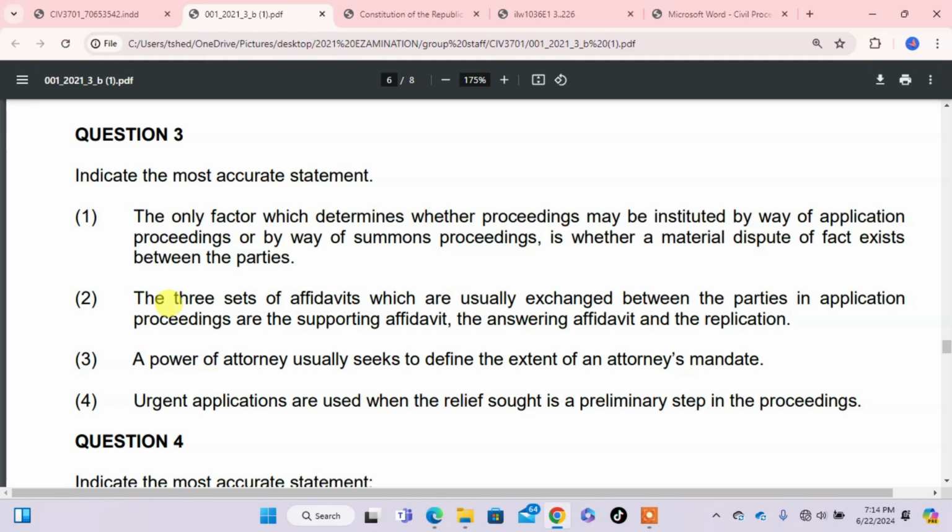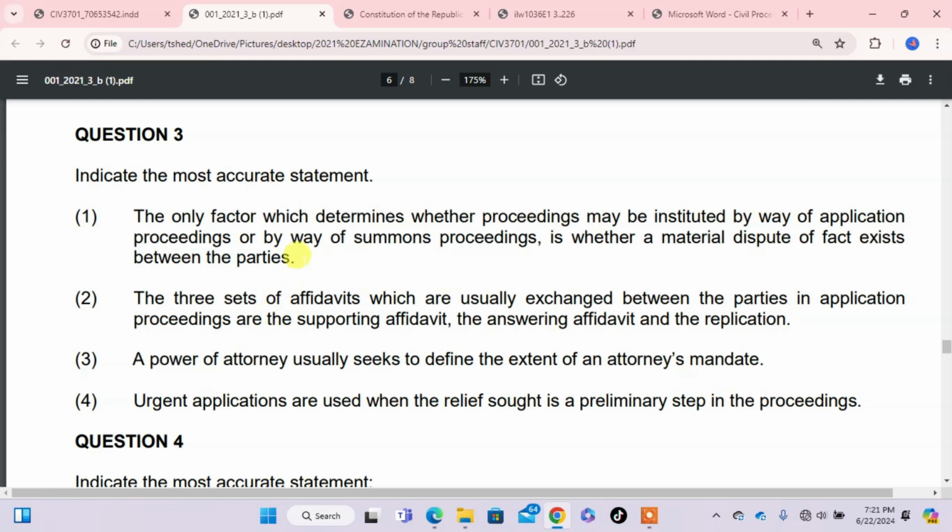The three sets of affidavits which are usually exchanged between the parties in application proceedings are the supporting affidavit, the answering affidavit, and the replying affidavit. The power of attorney usually seeks to redefine the extent of an attorney's mandate. Urgent applications are used when the relief sought is a preliminary step in the proceedings.